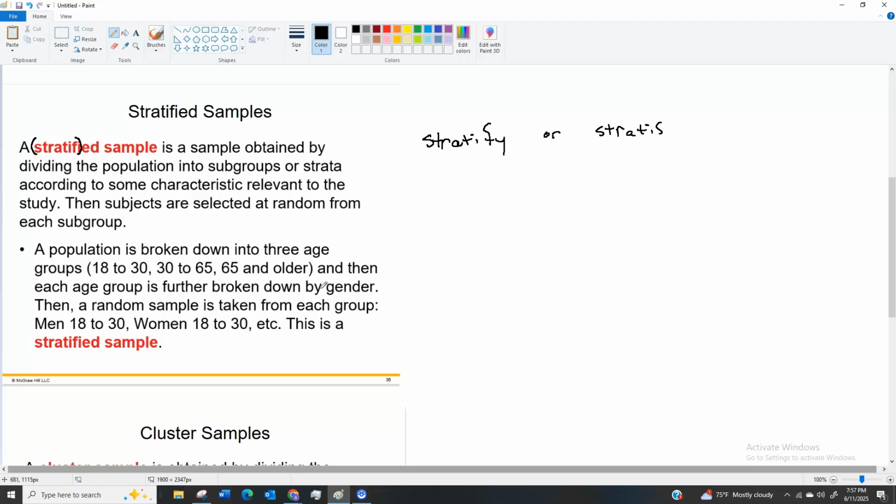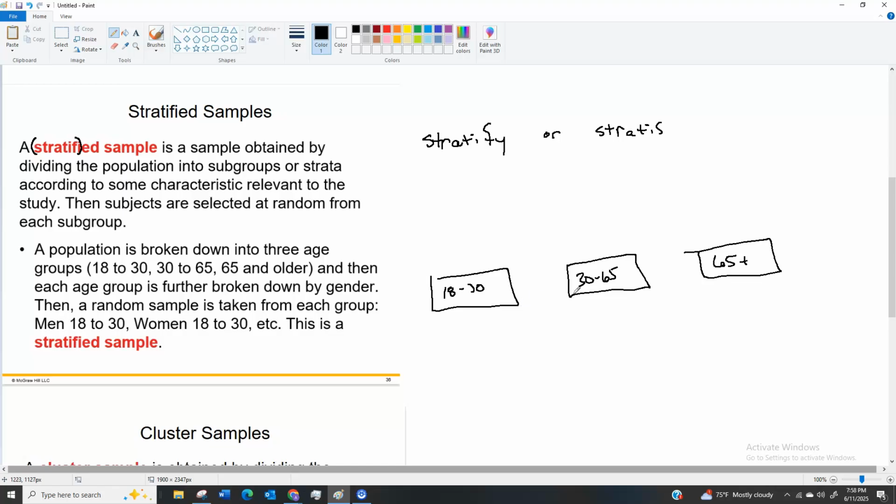In this example, you break down the categories into one category and then another category from those, and then you just keep building on that. So in this case, the population is broken down into 3 age groups. I'll write that over here. So we have 18 to 30, and then we have 30 to 65, and then we have 65 and older.